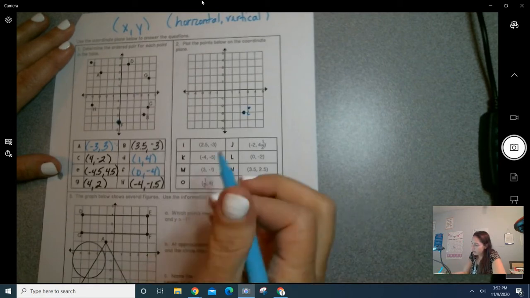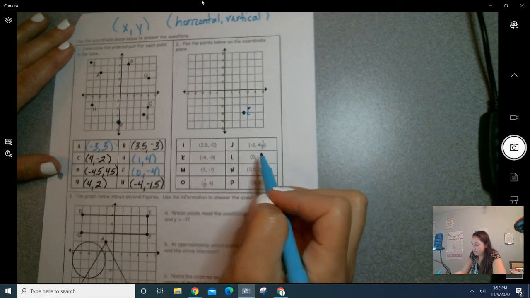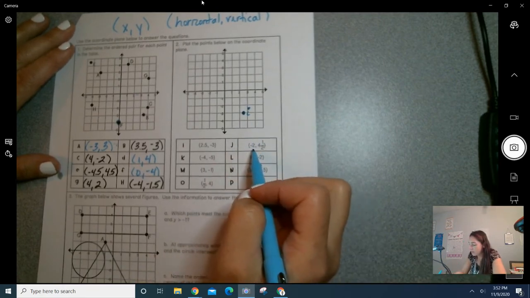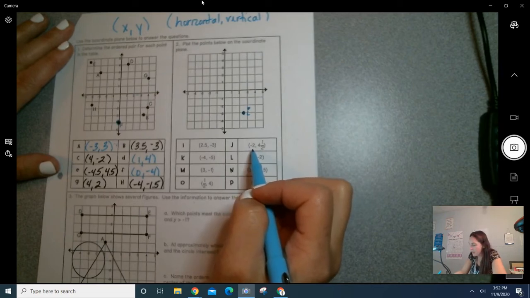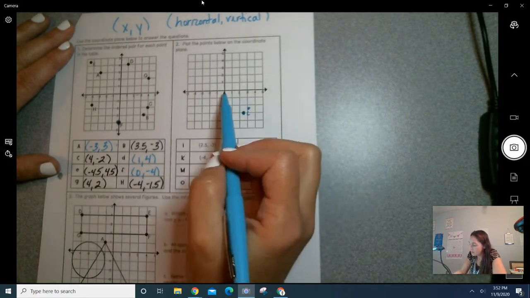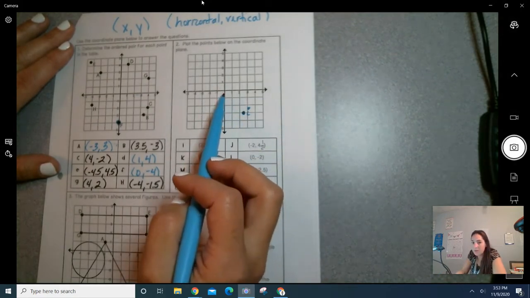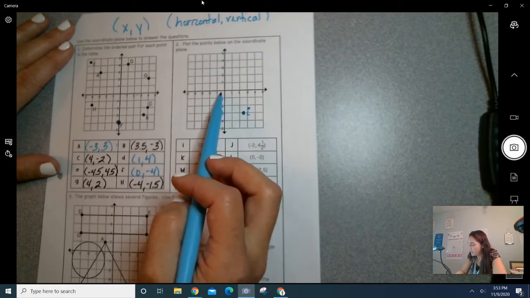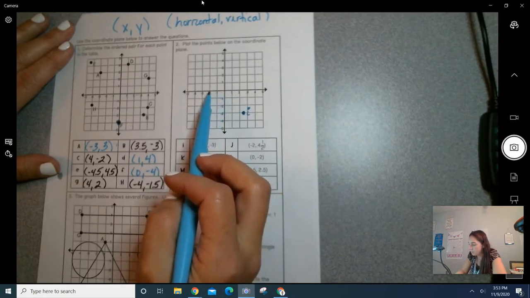Next, I'm going to do J. All right, the first number in this ordered pair is a -2. And remember, the first number is the X, or the horizontal movement. So again, we're going to start at 0, 0, and then we're going to move to the left 2, or we're going to move to -2 on that x-axis.